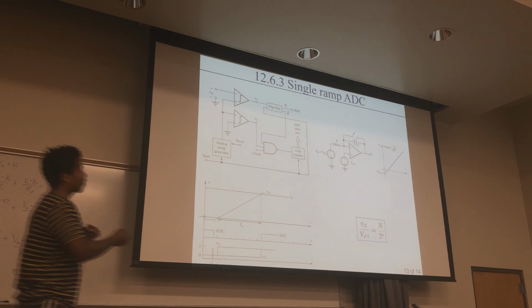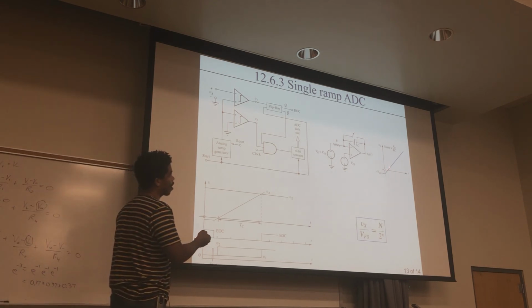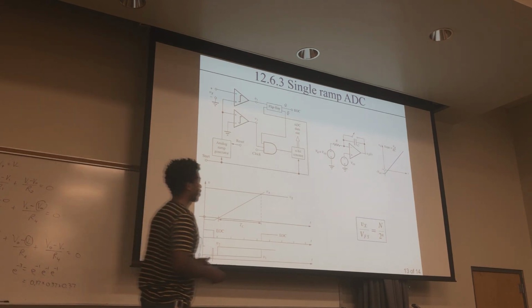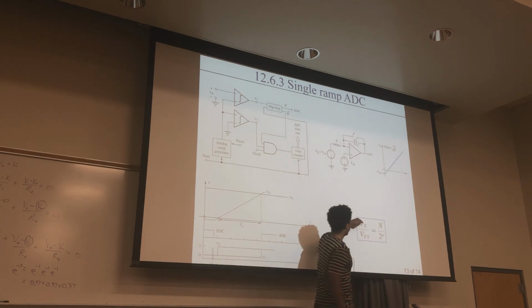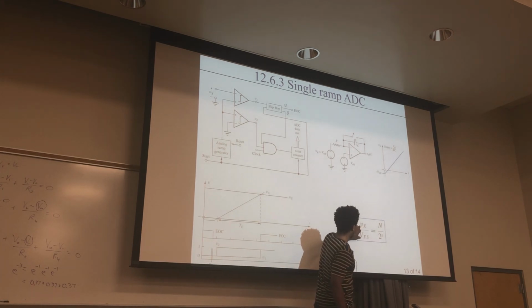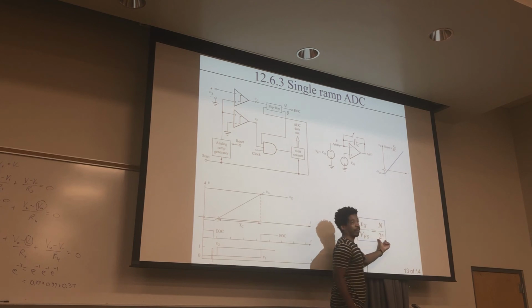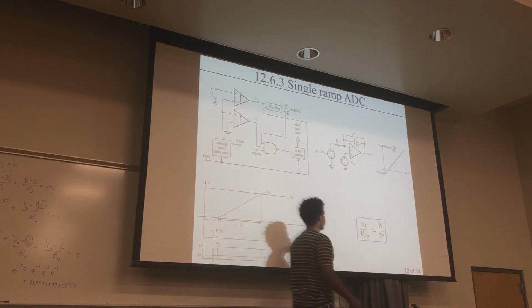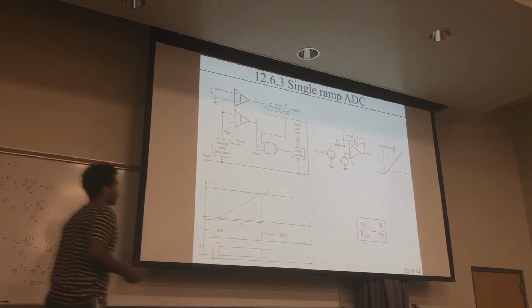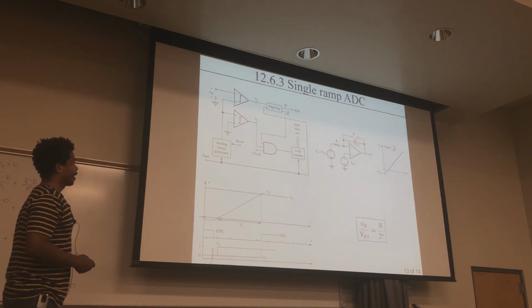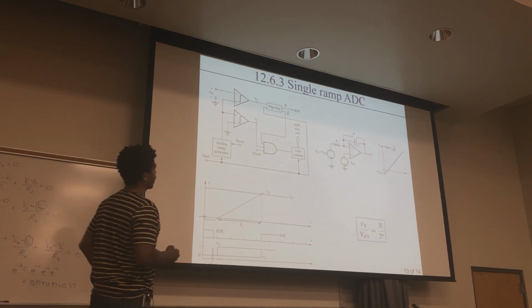Okay? If it's a low value, that time is small. If it's a high value, it takes a little longer, right? So it's this kind of ratio: your input over your full scale is equal to the number you're interested in divided by the full scale of the number of your binary bit system. Okay, so that's the one behind this called single ramp.